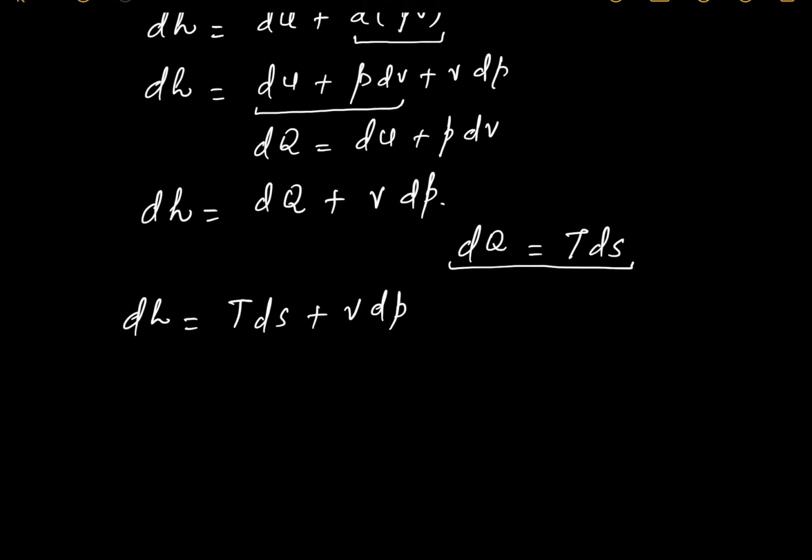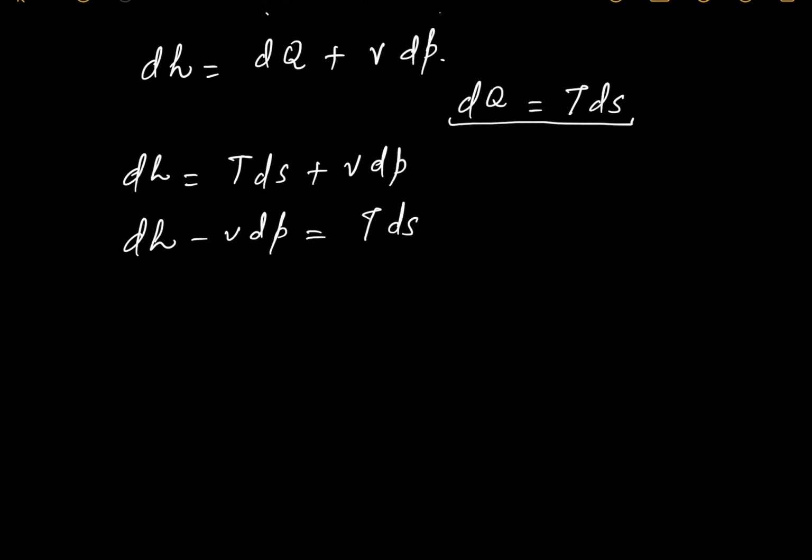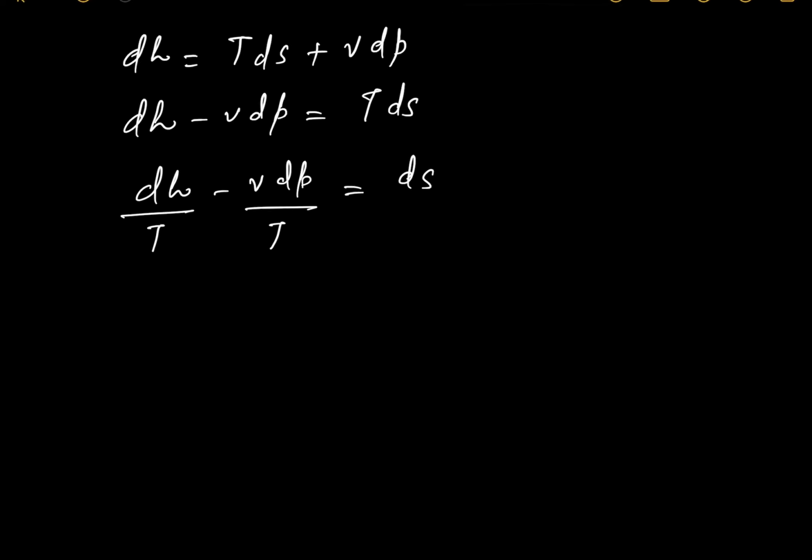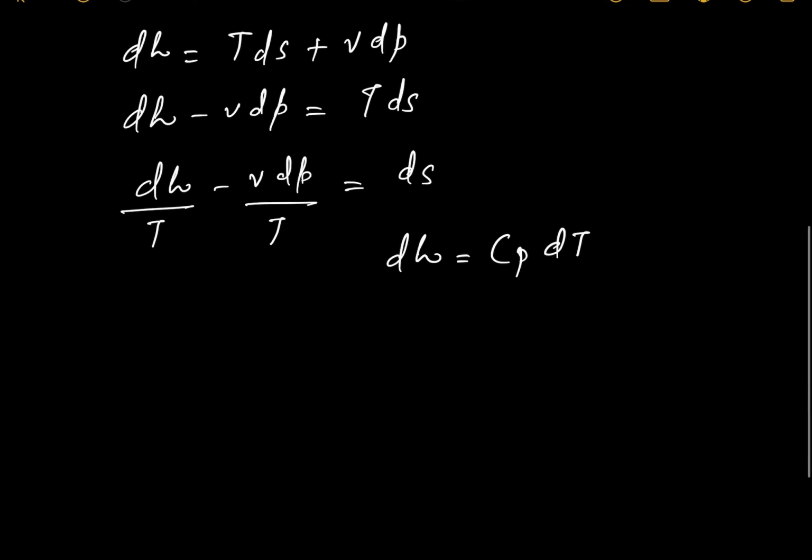So if we take VdP on the left hand side, we'll get, now let's divide both sides by temperature. So we can write dH, that is a change in enthalpy, as specific heat capacity at constant pressure multiplied by the change in temperature.